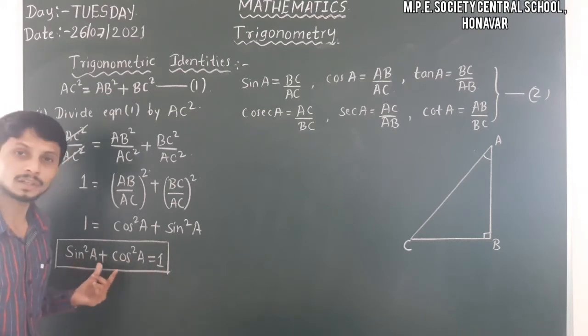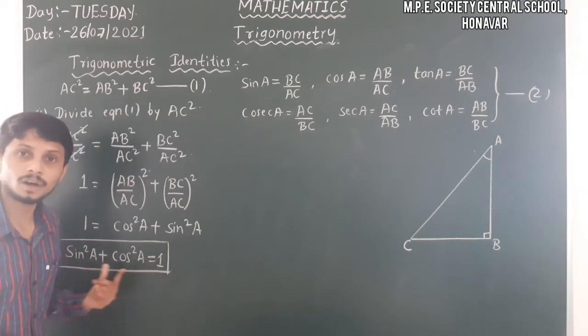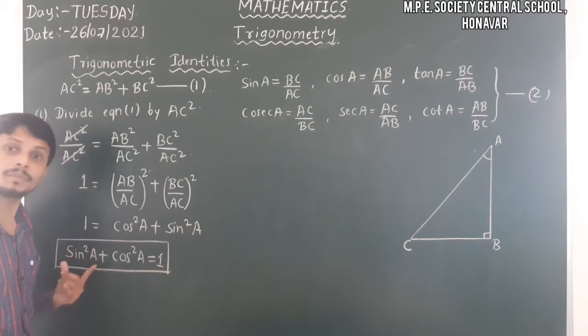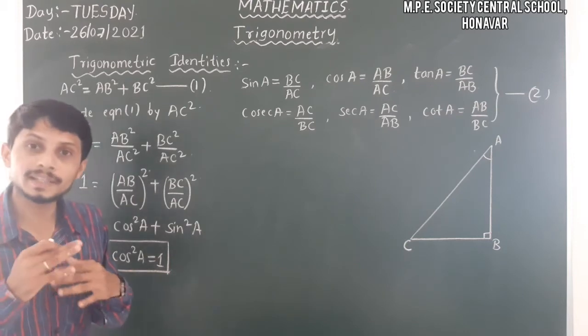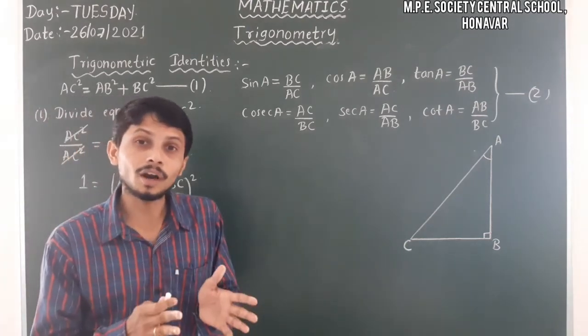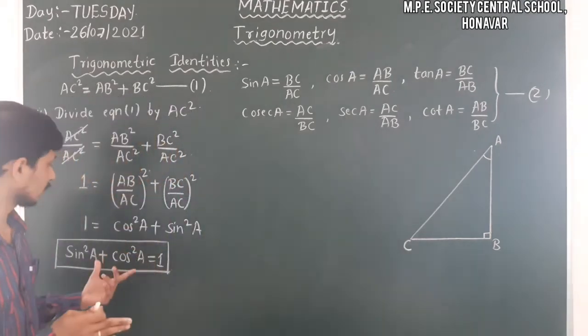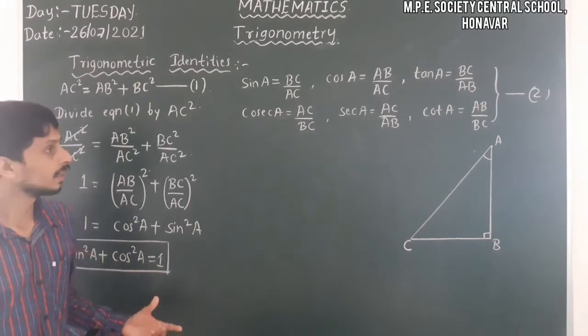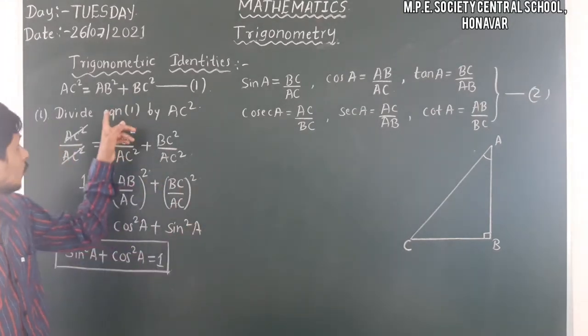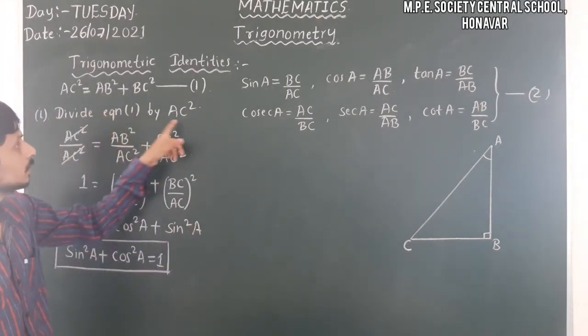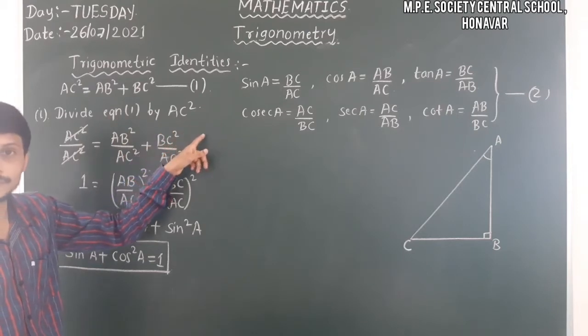In this identity, the sin term and cos term are related to each other. That means we got the relationship between the sin function and the cos function using this identity. As I told you, in this form I just divided equation 1 with AC square.